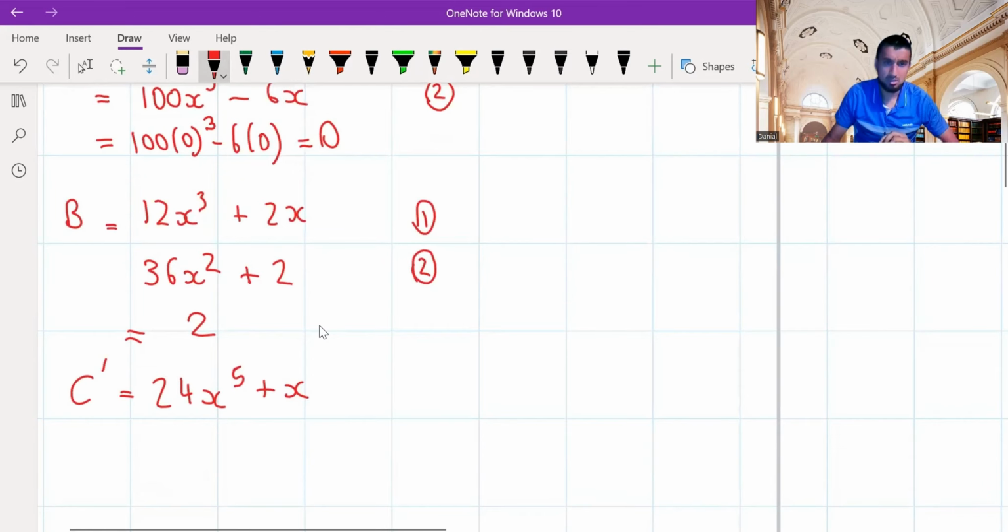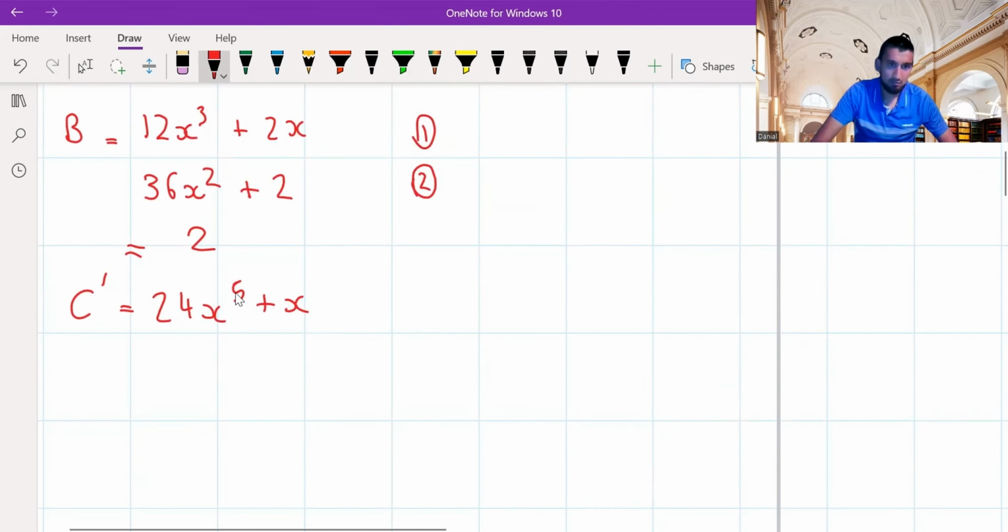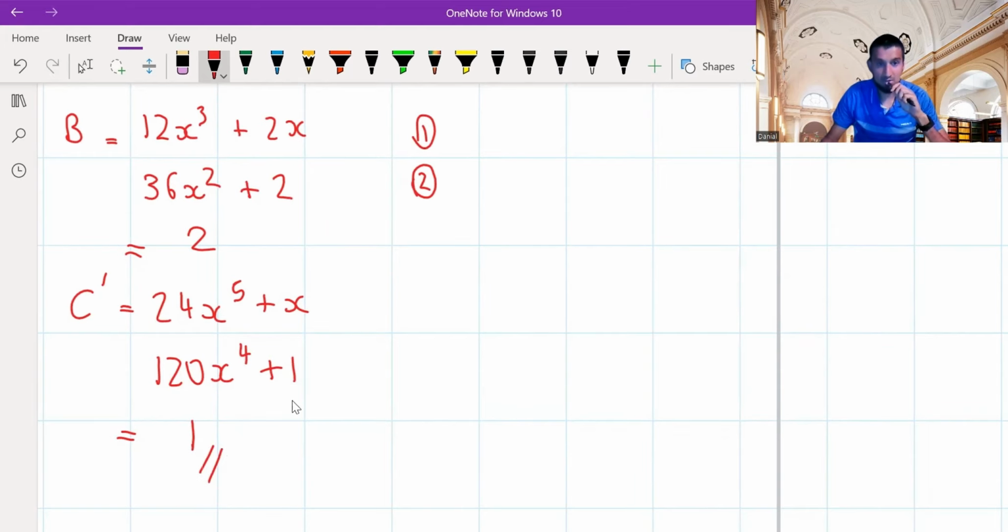And if we do times the powers again, 5 times 24 will be 120, minus 1 from the power becomes x to the power of 4, plus 1. So that means at x equals 0, that will just be 1. That's the second derivative.